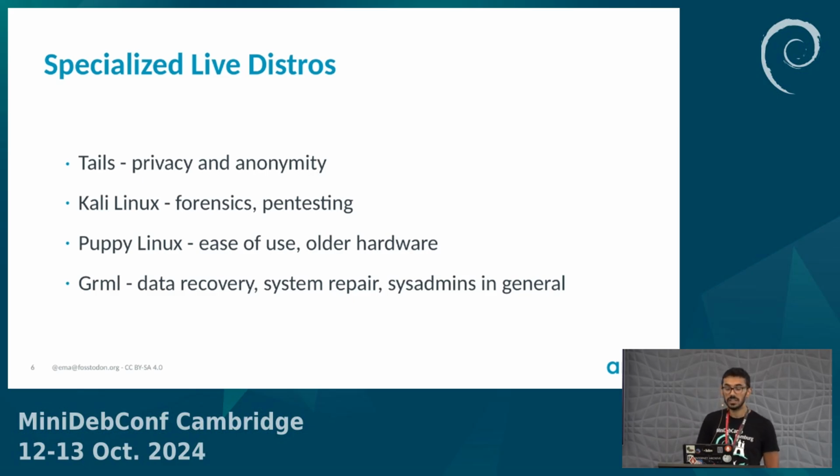So essentially putting back to use old machines that may otherwise just gather dust. Another distro with an impossible name to pronounce is Grml, which is targeting sysadmins, and it comes with Fluxbox, I think, by default, and it has a ton of very cool software pre-installed for data recovery, system repair, network testing, and whatnot.